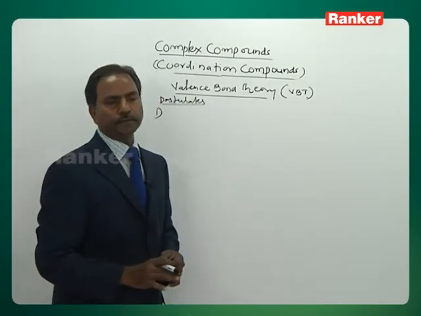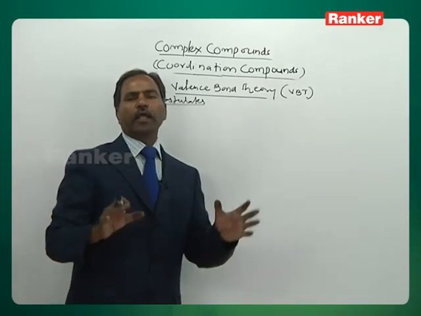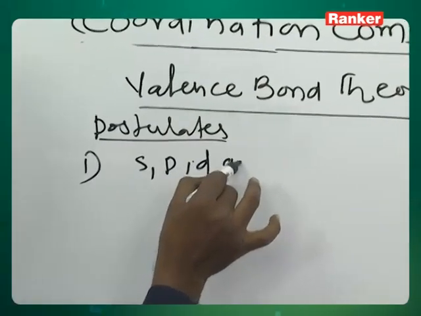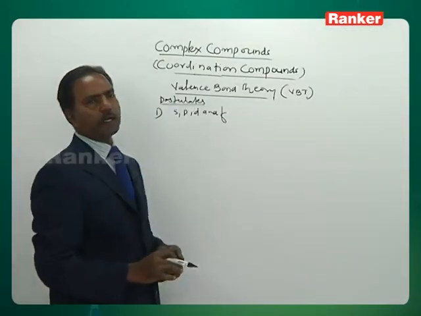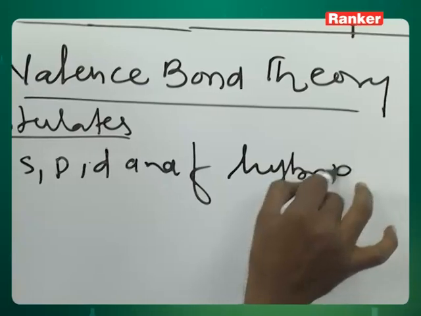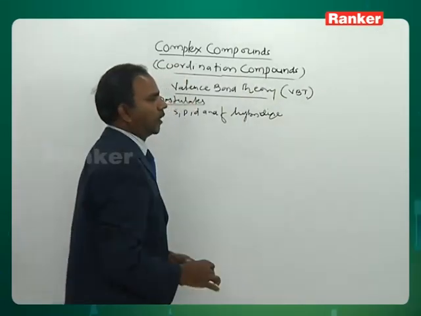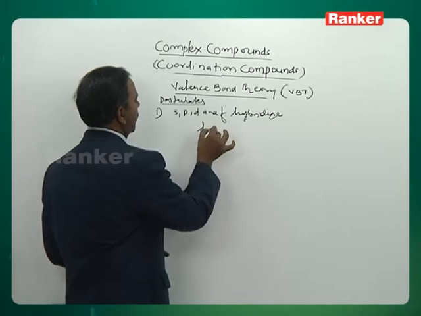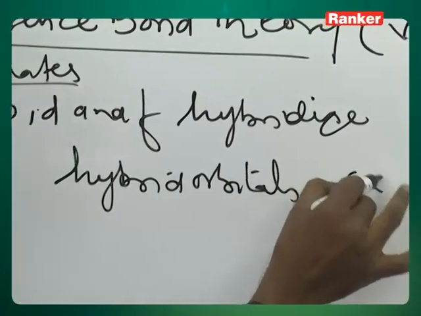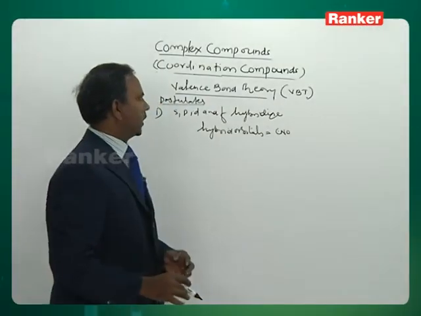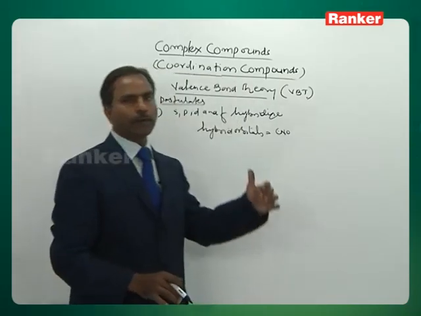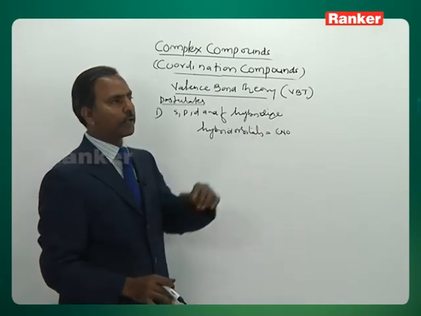In metal complexes, the vacant s, p, d and f orbitals hybridize together and produce hybrid orbitals equal to the coordination number. The vacant s, p, d and f orbitals undergo hybridization, producing hybrid orbitals equal to the coordination number.